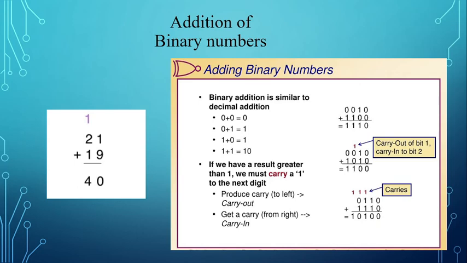This is like adding, in the decimal one, 2 plus 9. It should be 11, but we keep the 1 here and take the other one to the next placement with the decimal number. Right? The binary is just like that. We keep the lower one here and take the higher one to the next placement.